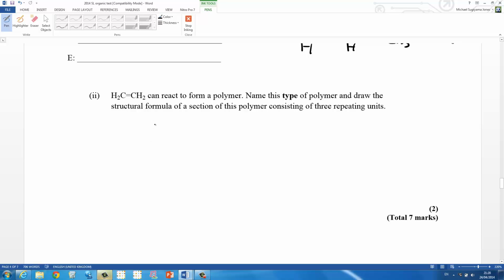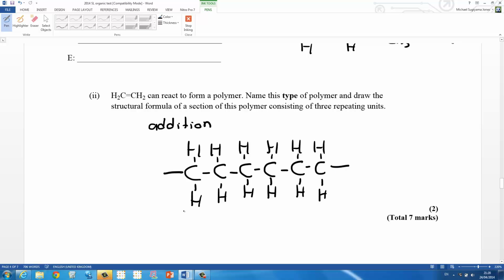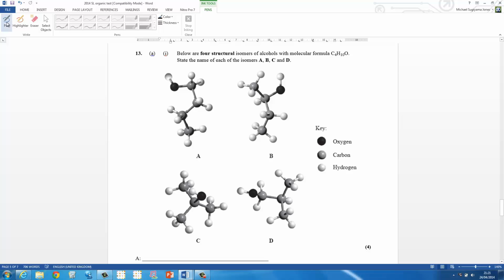So the type of polymer is an addition polymer, and 3 repeating units would be this. And that's that.